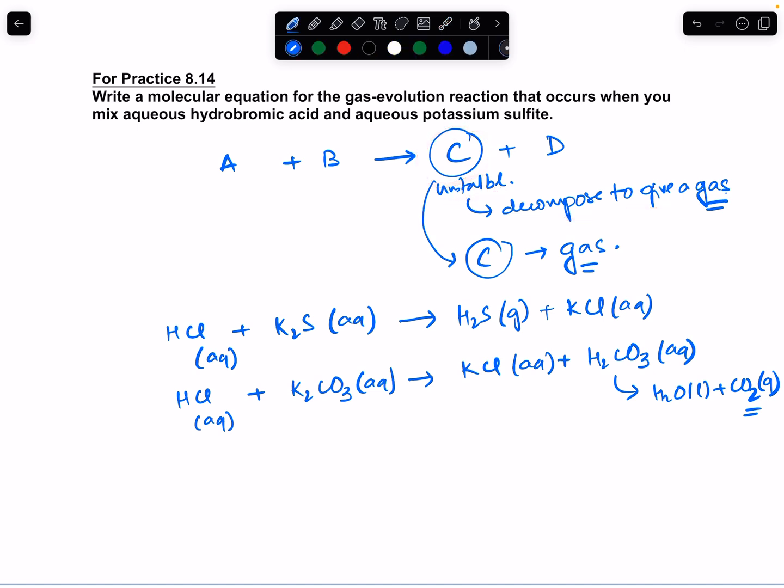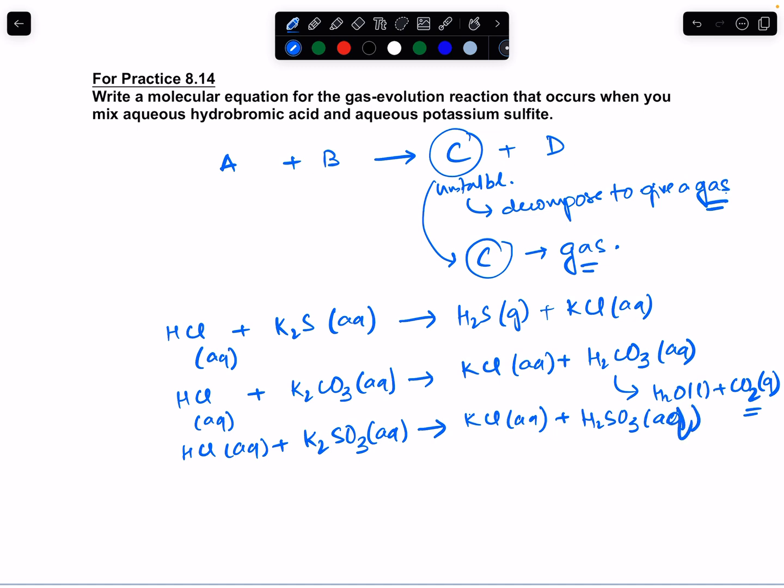Very similar to this is if you had HCl reacting with K2SO3, and that gives us KCl plus H2SO3.